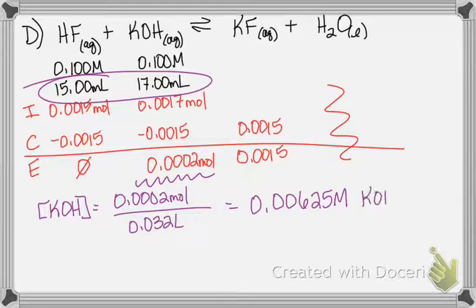And so the pOH is the negative log of that. The pOH is 2.20, and so the pH is 11.8.